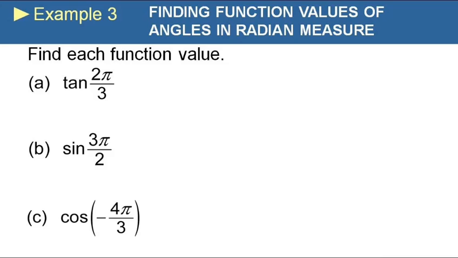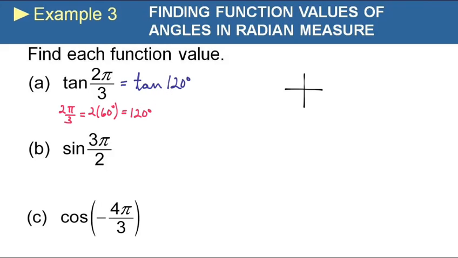Let's go ahead and look at the tangent of 2 pi over 3. Now, pi over 3 we recognize as 60 degrees. So let's mentally convert from radians to degrees. I'll say 2 pi over 3 is equal to 2 times 60 degrees, which of course is 120 degrees. That tells me that the tangent of 2 pi over 3 radians is equal to the tangent of 120 degrees.